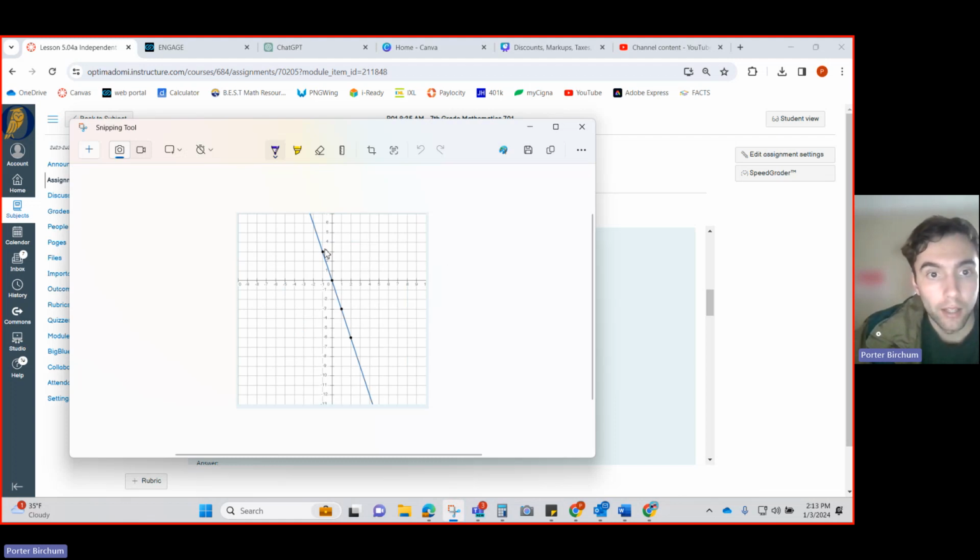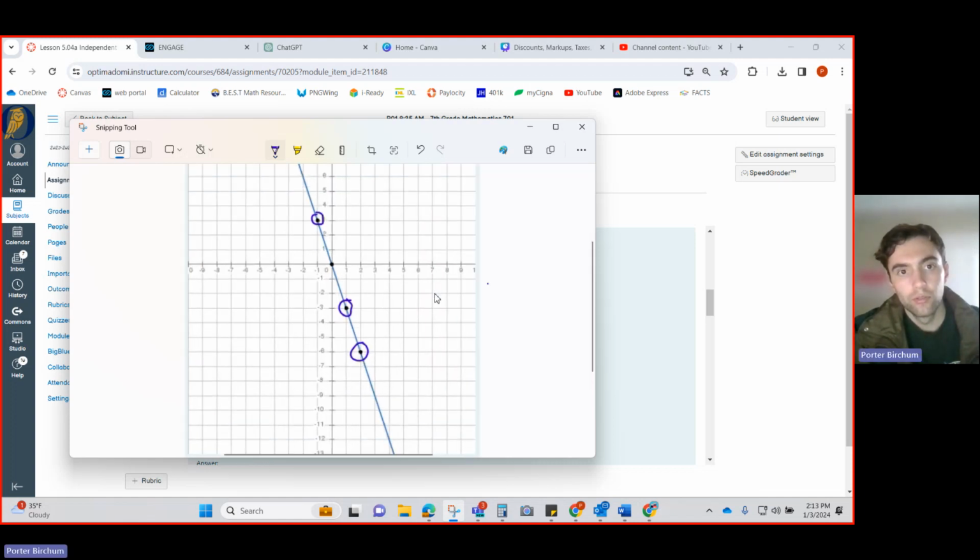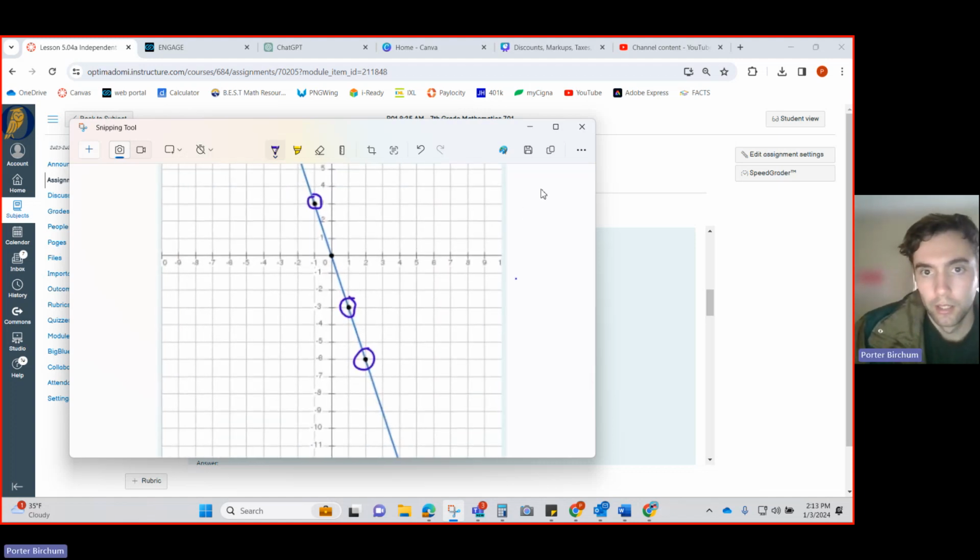So to find the constant of proportionality, I could use any of these 3 dots to help me. Let's zoom in. To find k, we do y divided by x.